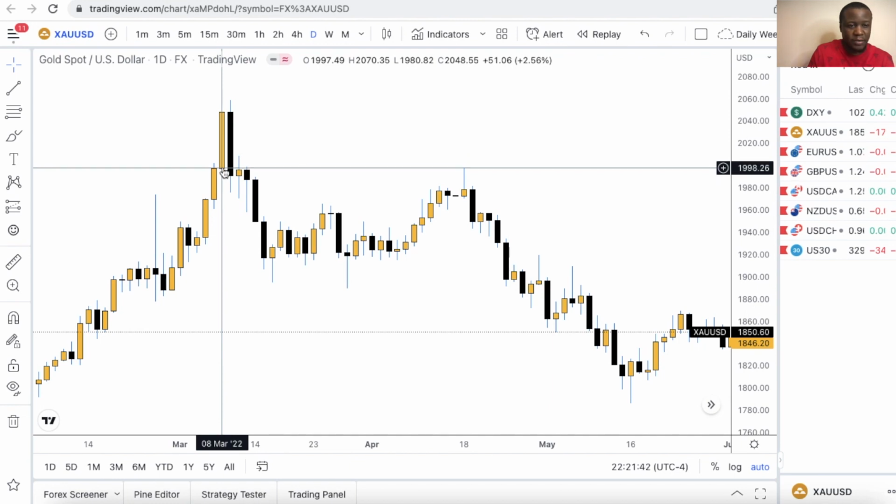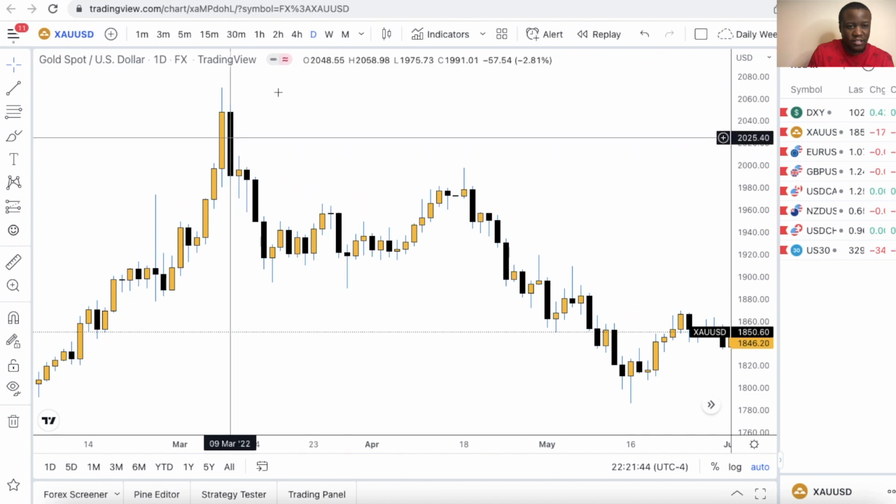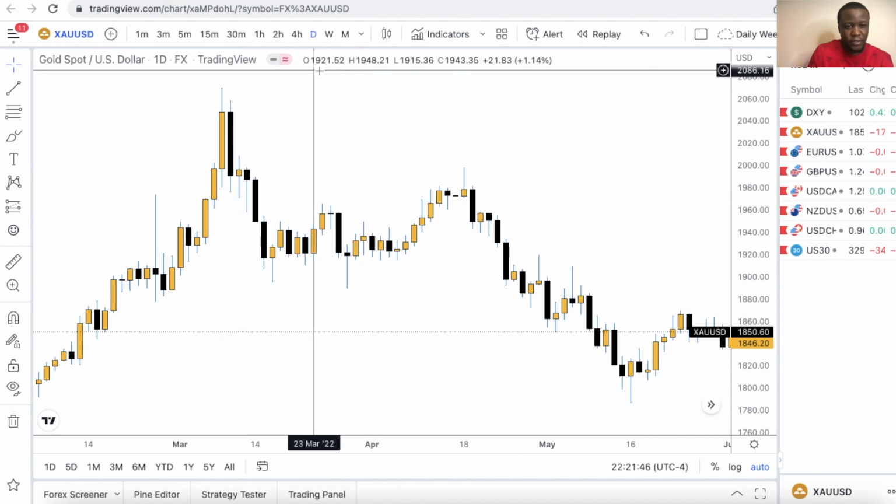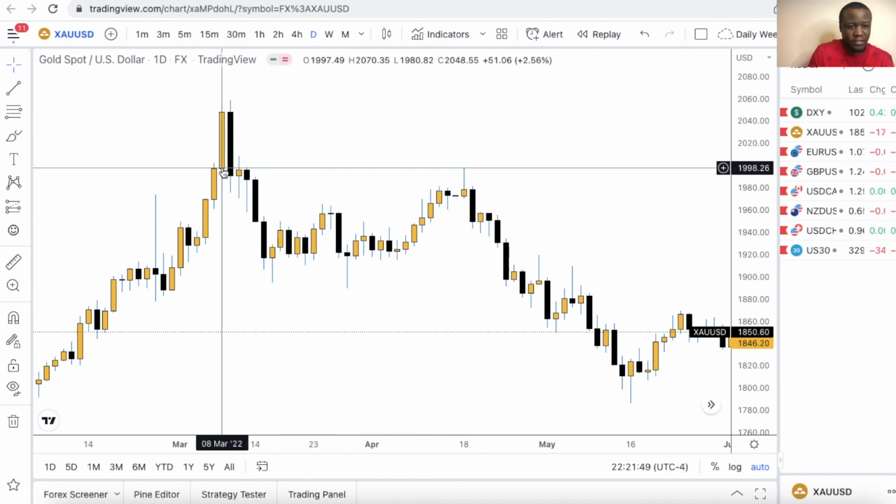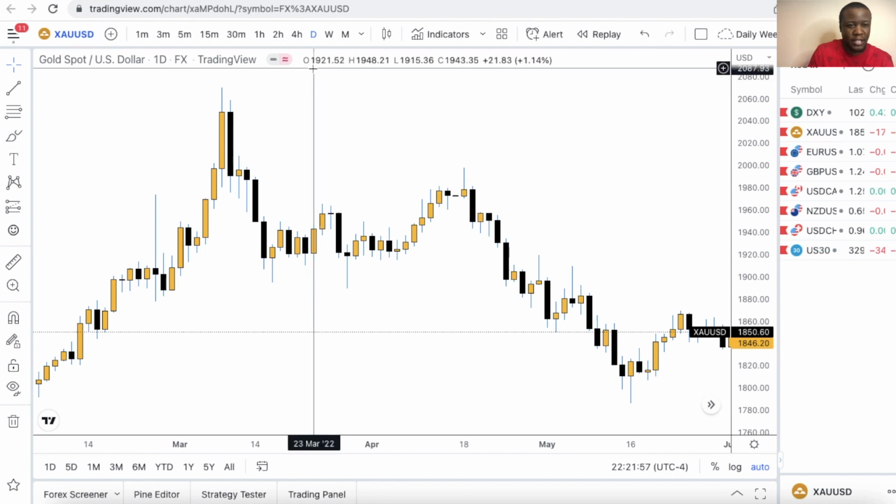And if you look at the top of the screen, you can also see the levels for the candlestick. Right here would be the opening. Look at this price as I move the mouse at the bottom of the candlestick. The O represents the opening of the candlestick.